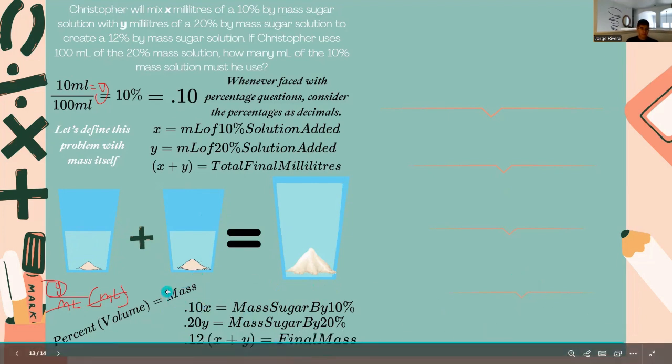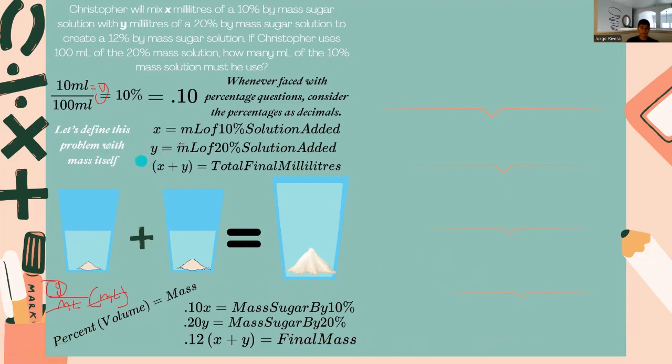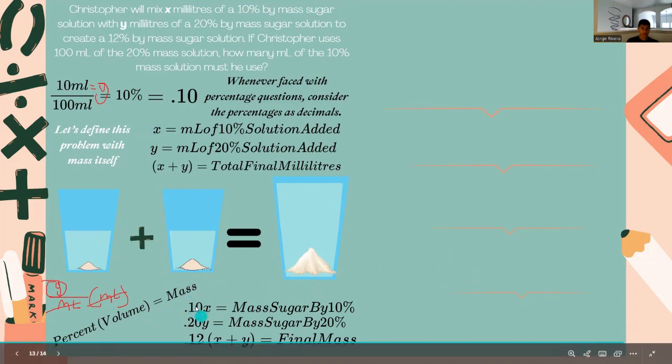And 0.12 times x plus y, where x plus y is the milliliters of solution. So 0.10 is equivalent to 10%, 0.20 is equal to 20%, and if we multiply them by the milliliters, which is what these represent, it's going to be the mass of sugar.